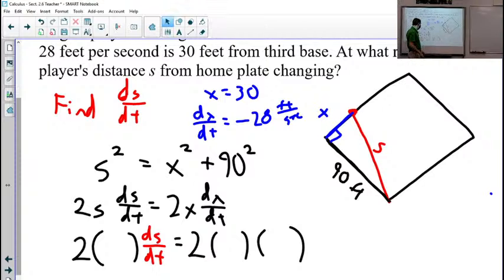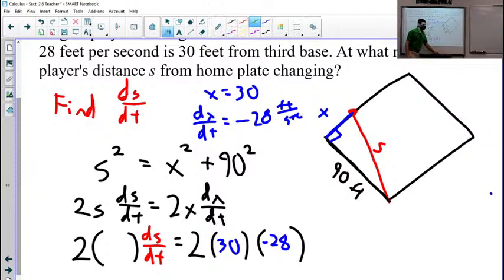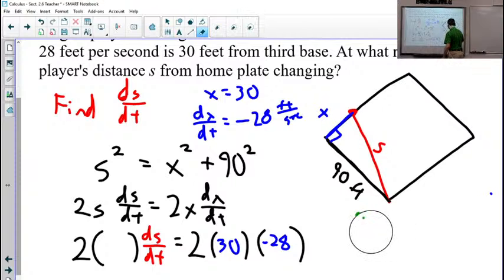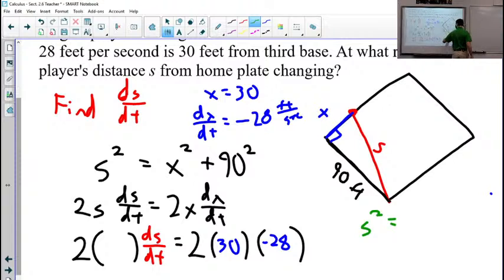So we should be able to figure out what all these are. Well, x is 30. dx/dt is negative 28. What is s? It's Pythagorean theorem time. Here we go. Sorry. Hypotenuse, s squared equals 30 squared plus 90 squared.